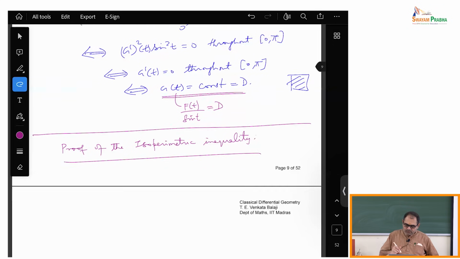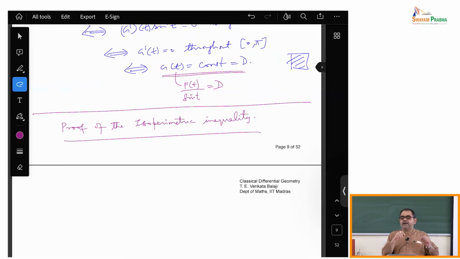So what is an isoperimetric inequality? You have to take a closed curve. It has to be simple, and it has to be smooth and regular.